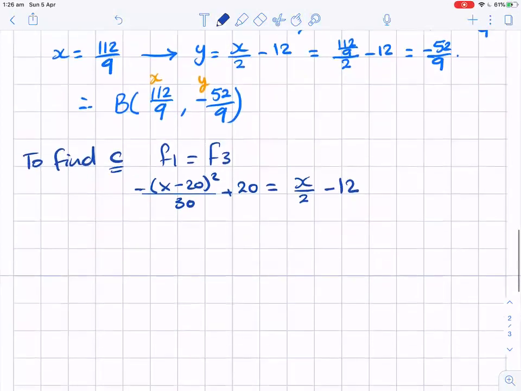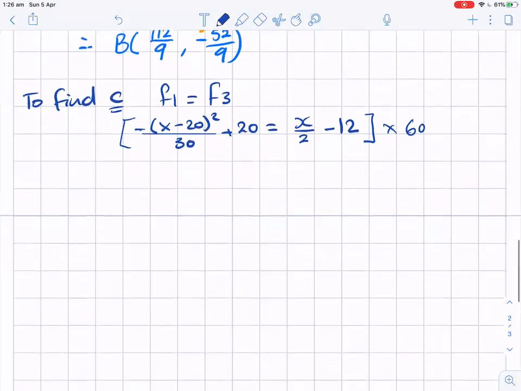Again, we have 2 and 30 at the denominator, so we multiply by 60. When you work it out, you can figure these things out. After you multiply, you will get a bit complicated numbers. As I said, this is just to show you the idea of how to solve, not about the numbers and how scary they look here.